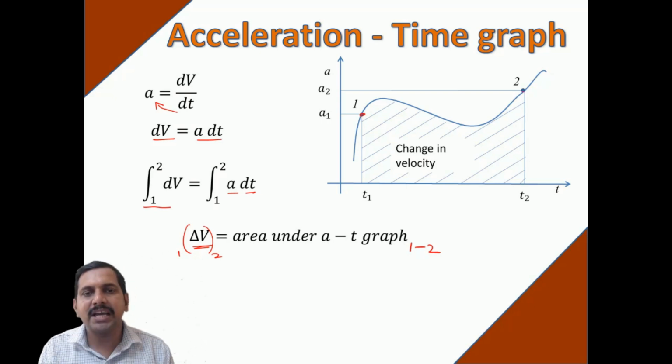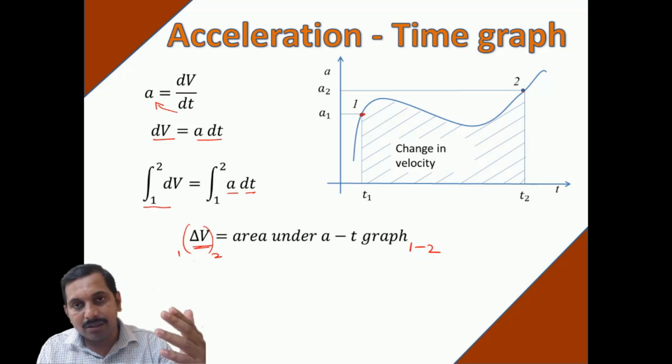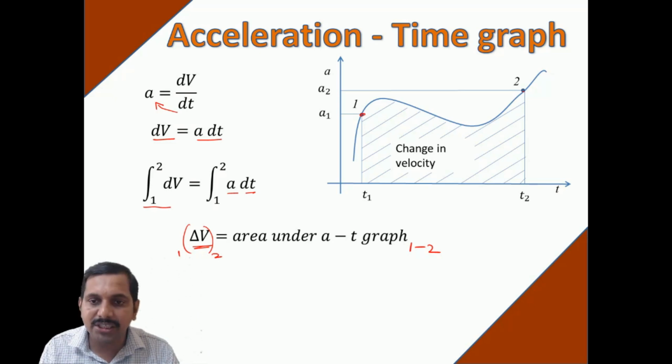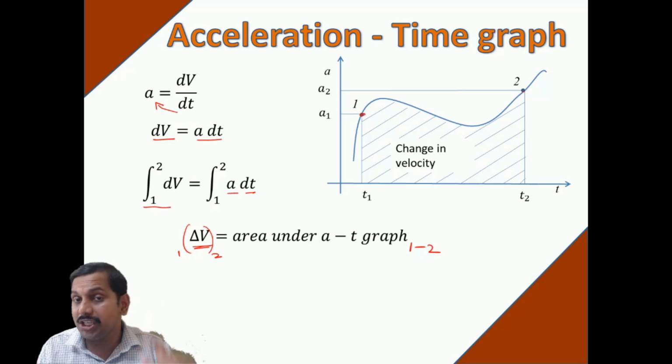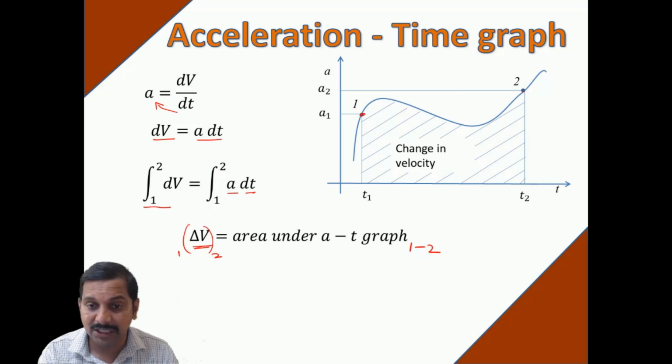So the area under the acceleration time graph gives the change in velocity, but not speed. Keep in mind, there's a difference between speed and velocity. Here it is velocity and not speed.